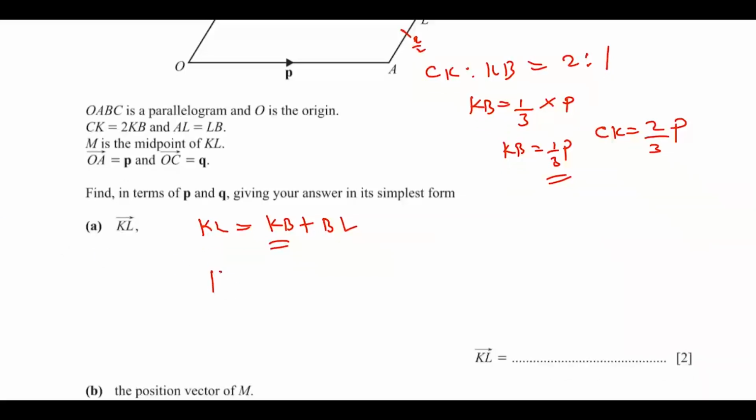Vector KL will be equal to KB. We found that to be 1 over 3 P, then plus BL.